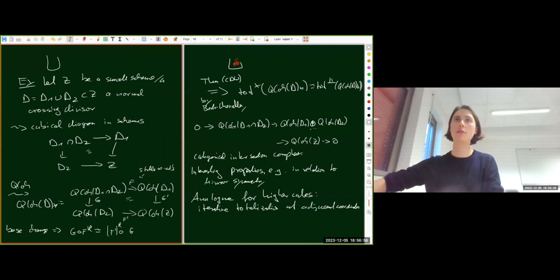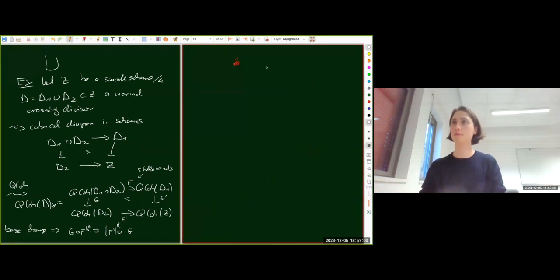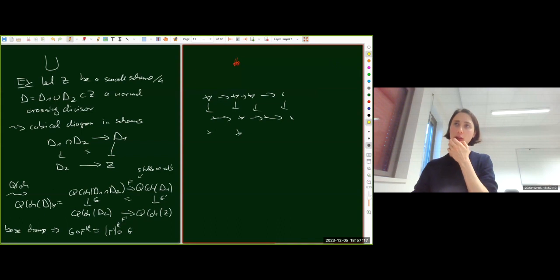Let me draw a picture, but I think it's essentially what you would expect. If you have something here, you just sum over the diagonals, and then you would glue these two categories along this one.